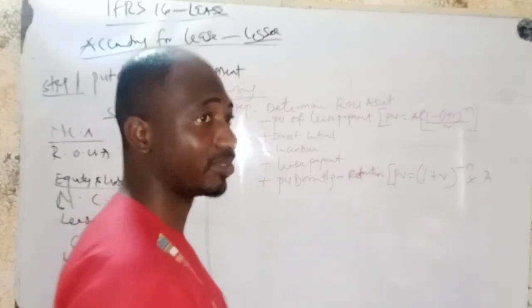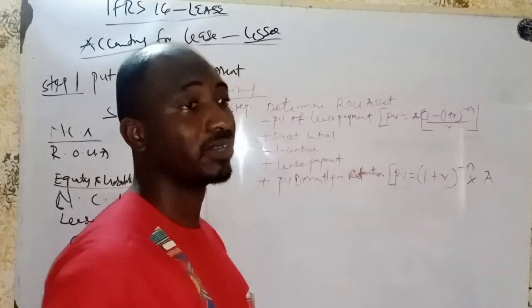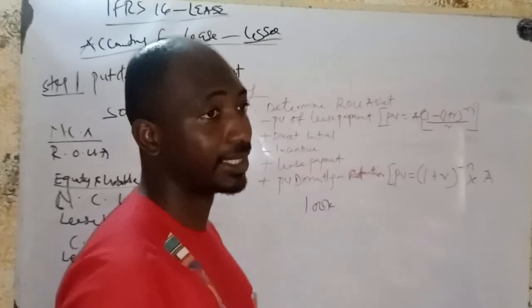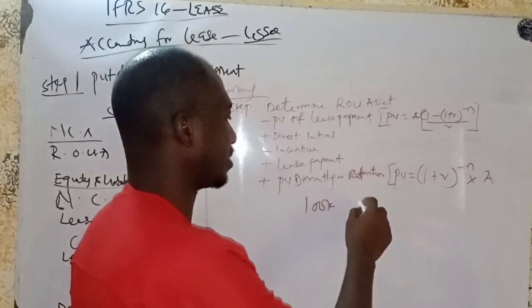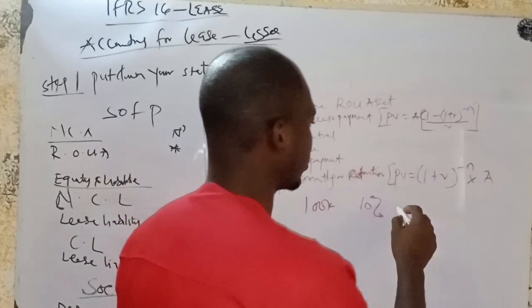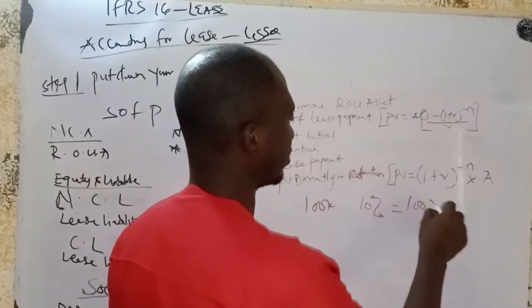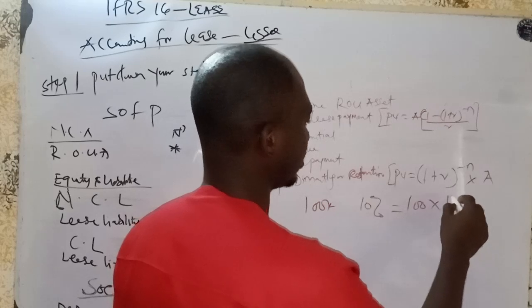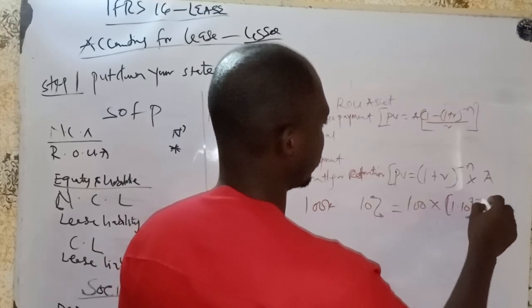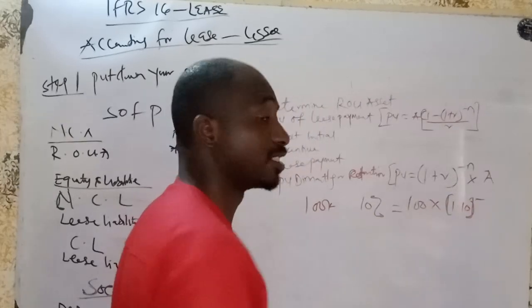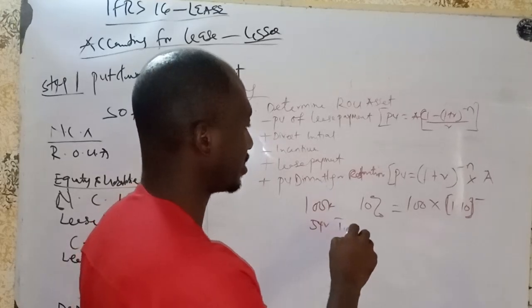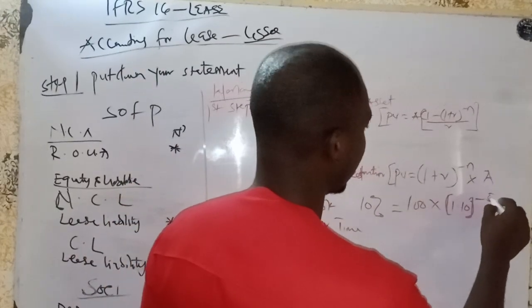Let me give an example. Let's assume that the dismantling cost will be 100,000, and then they give us the rate to be 10%. So what you need to do is just to do 100,000 multiplied by 1.1 raised to power, and they said this lease will end in 5 years' time. So just put minus 5.